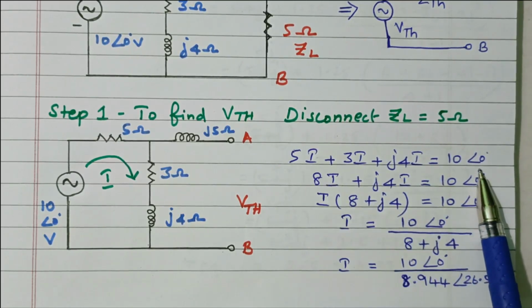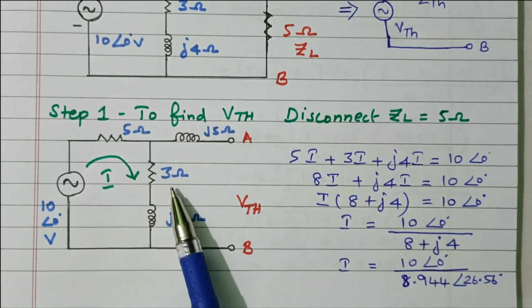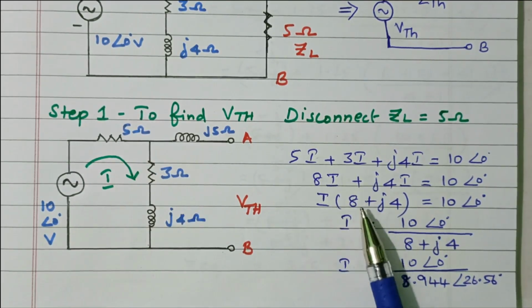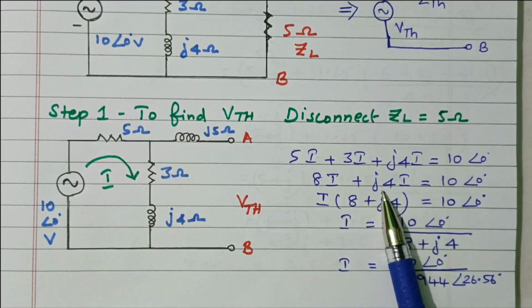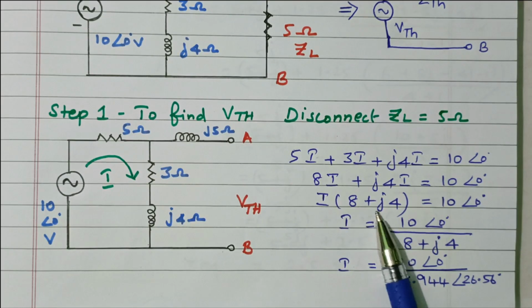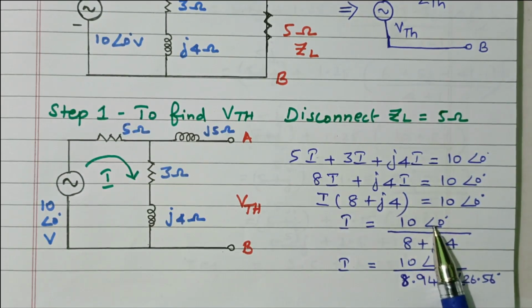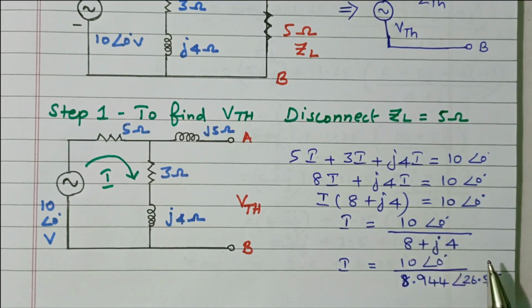So 8I plus J4I equals 10. Taking I outside, (8 plus J4) I equals 10, so I equals 10 with angle 0 divided by 8 plus J4.